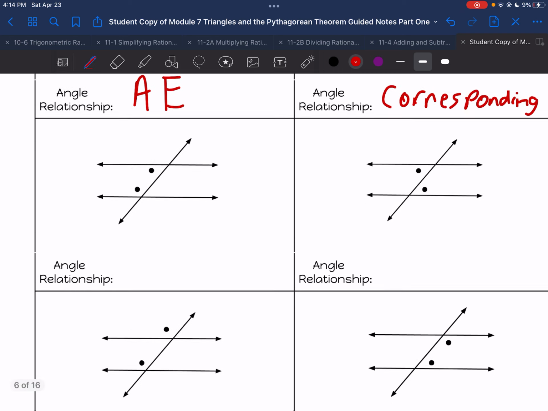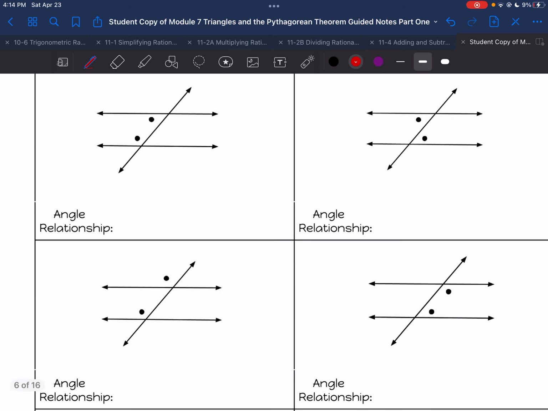Okay. Our next two examples. We have two angles that are interior angles, and they are next to each other, so this is consecutive interior.